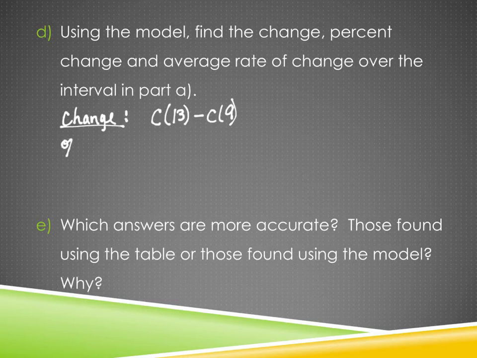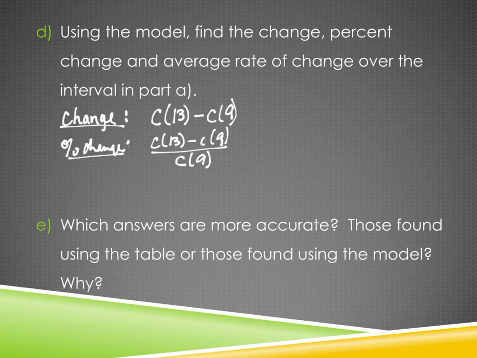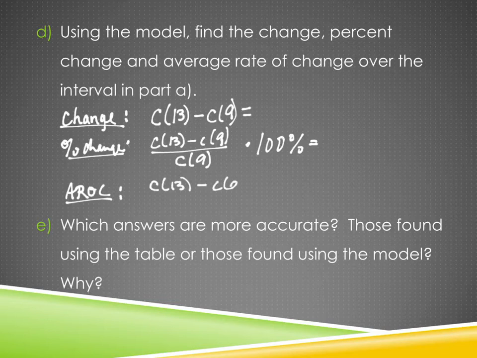And then I had percent change. Percent change says I have the same numerator, c of 13 minus c of 9, and then I divide by c of 9, and I multiply by 100. Again, my calculator is going to be really handy here in a second, and it's going to calculate these for us. And the third one, average rate of change, numerator stays the same, c of 13 minus c of 9.